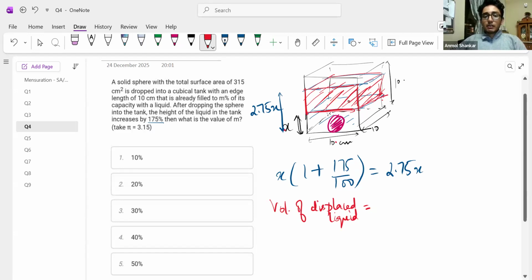It is 1.75x. So 10 centimeter into 10 centimeter into 1.75x is the volume of displaced liquid.